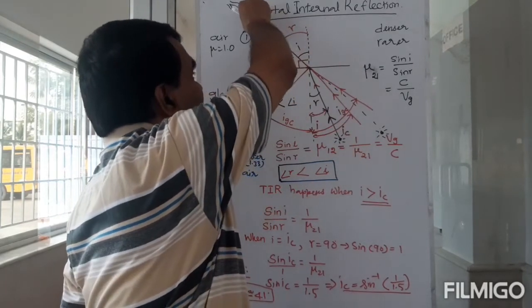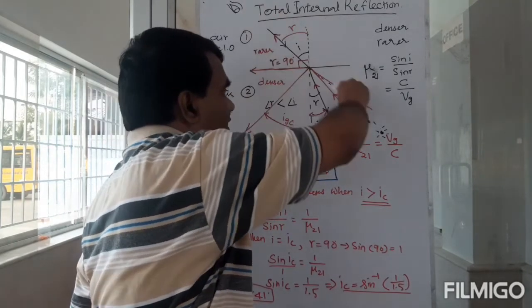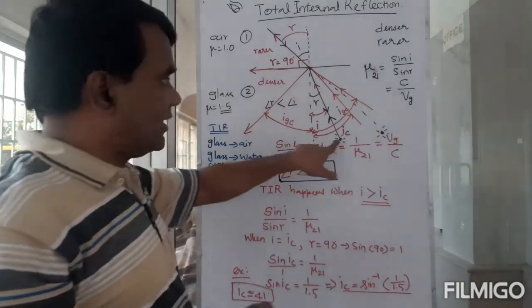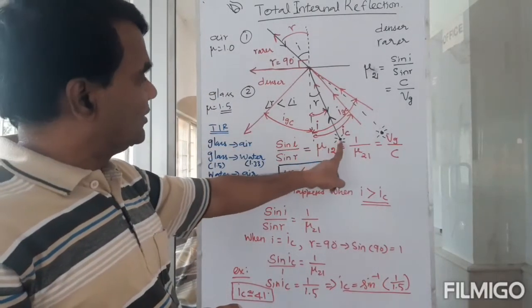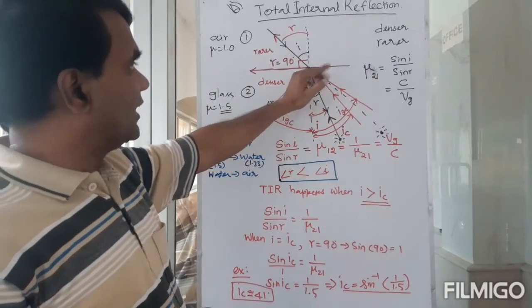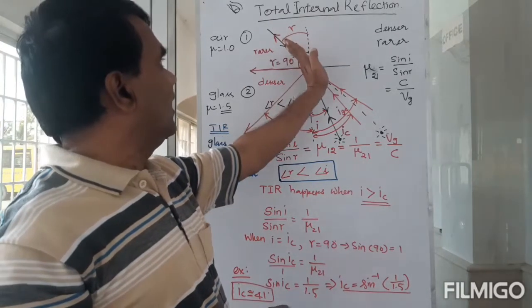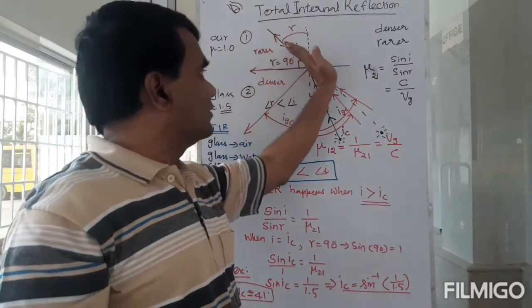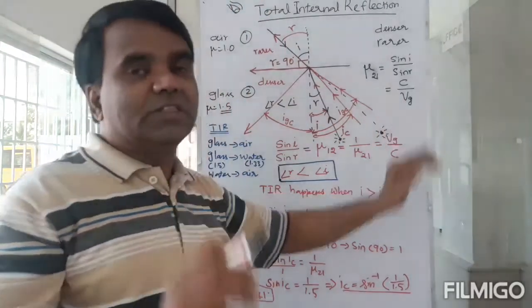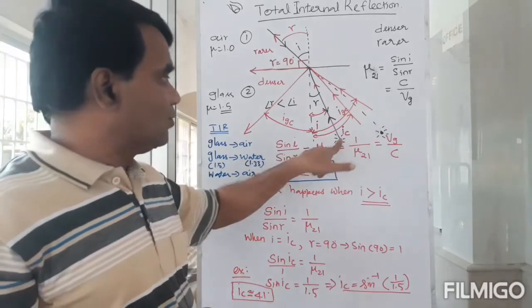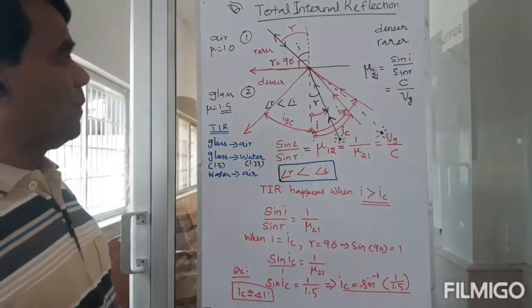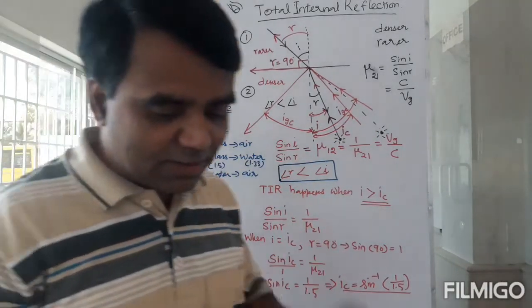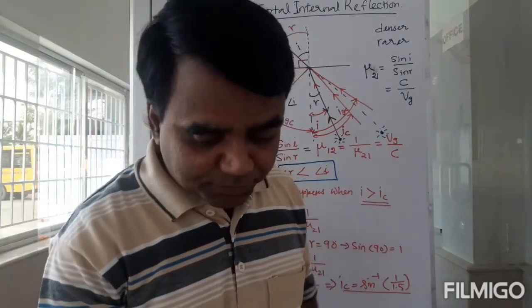So your eye will think that the light source is here. But actually the light source is here. So it has sent this ray, and that ray has deflected, and it is going at this angle and reaches your eye. So your eye will think that the source is here. So that's a detail. But the source is actually here. That's something I want you to understand.